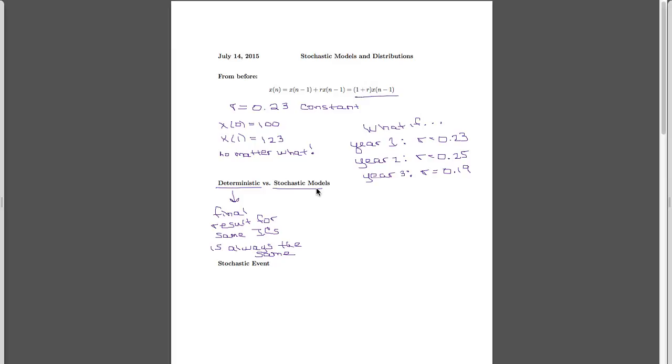Whereas with stochastic models, for the same initial conditions, the final result can vary within some range.